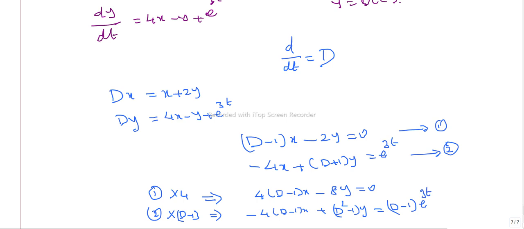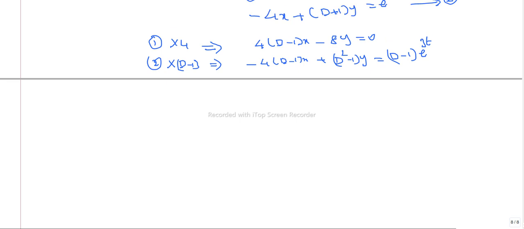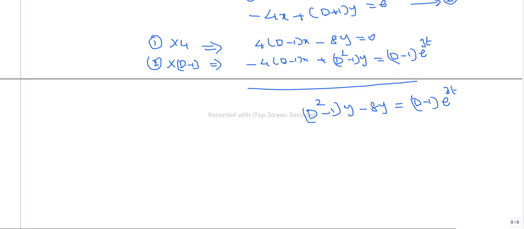Okay. Now just add these two equations. If we add, the first term is cancelled. So this plus this, we have (D squared minus 1) y minus 8y on the left hand side, and the right hand side is (D minus 1) times e^(3t). Now if you simplify this, we have D squared y minus y minus 8y, therefore minus 9y, is equal to, actually D is nothing but the differential operator with respect to t.